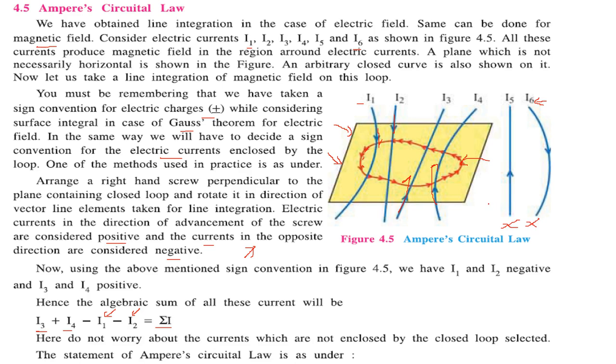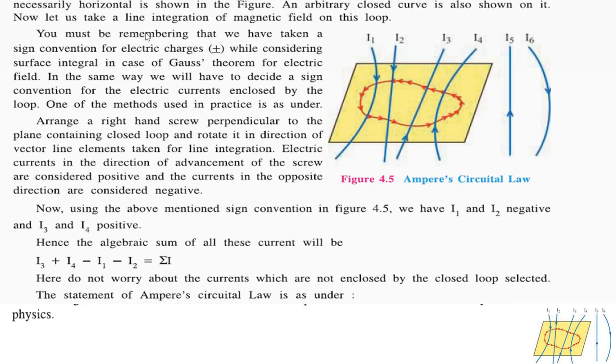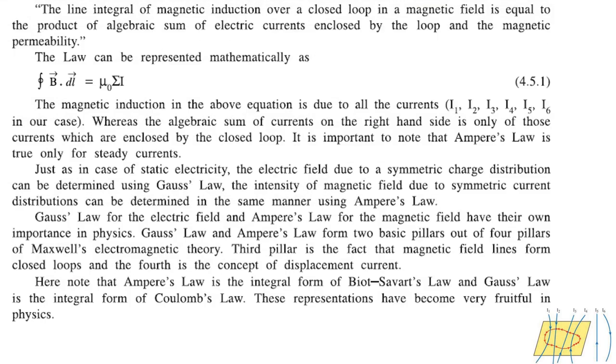So what is the statement of Ampere's circuital law? It says that the line integral of magnetic induction over a closed loop in a magnetic field is equal to the product of the algebraic sum of electric current enclosed by this loop and the magnetic permeability.